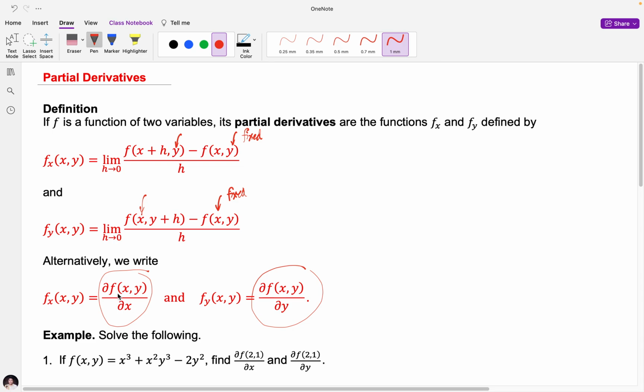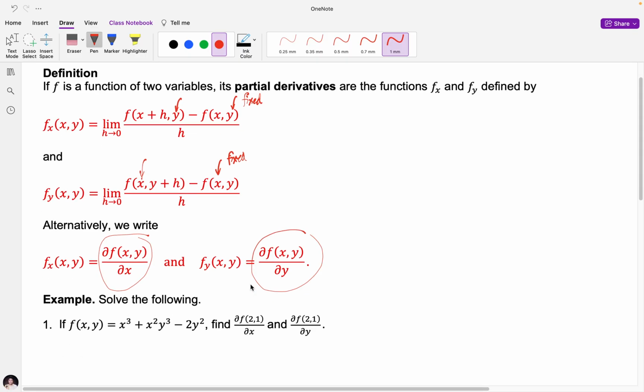Okay? That means that y will be treated as a constant or numerical coefficient. Also, in the same way, if we will solve for the partial derivative of the function xy with respect to y, we will only differentiate the function with respect to y.